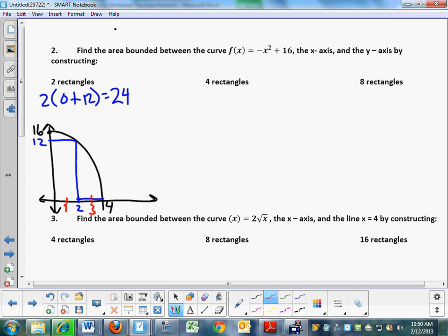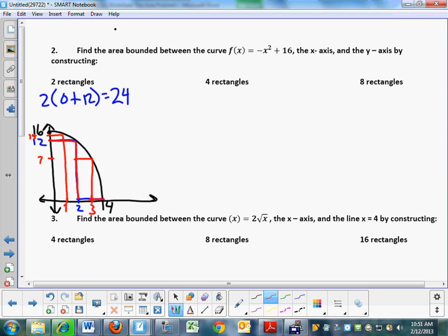If I draw my rectangle from 4, what's the height here? 0. Now I'm going to plug in 3. What's the height there? 7. Now I plug in 2. What's the height there? 12. Now I plug in 1. What's the height there? 15.